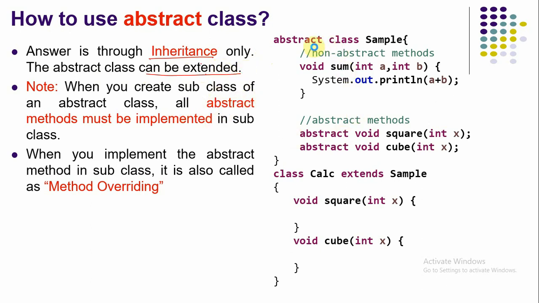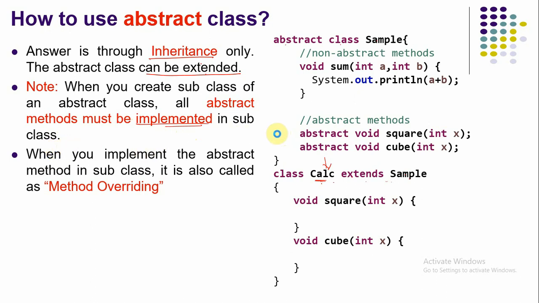For example, here I have abstract class sample, and we have non-abstract methods and abstract methods, right? So the only way to use this class is to create a class calc extends sample. You have to create another class that extends the sample class. So now you create a subclass, right? When you create a subclass of an abstract class, all abstract methods must be implemented in the subclass.